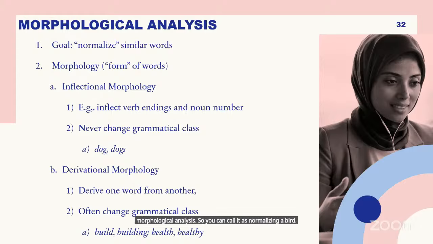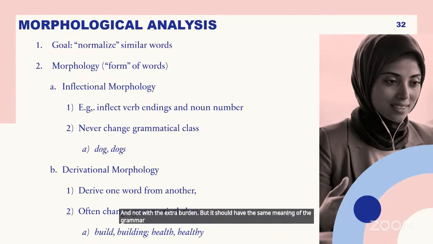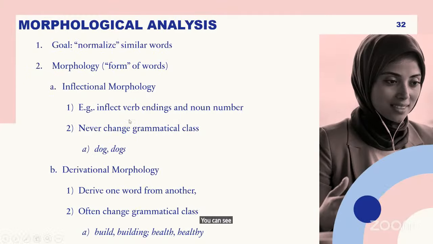So the form of the word will be the word alone, not with an extra word, but it should have the same meaning of the grammar which is being given. You can see an example here. So you have dogs. So derivational, we have build, building, held, healthy, which is very much the same word, but it has a grammatical difference.